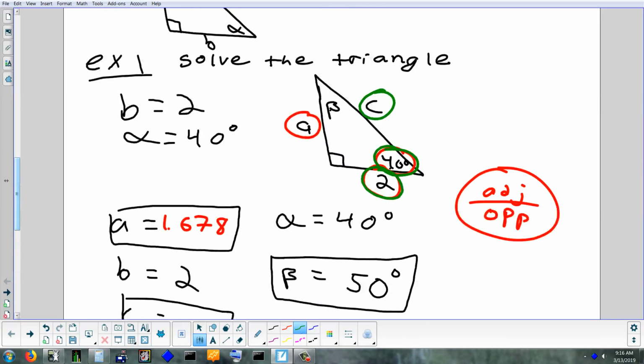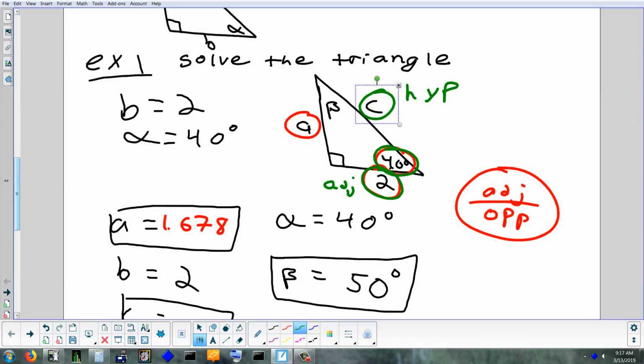So focus on what's in green. We already know that the side that's 2 is adjacent. We're using that side again. What about side C? That's the hypotenuse. Okay. 2 is the side we know.